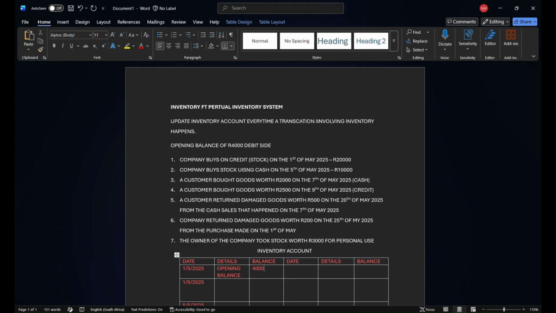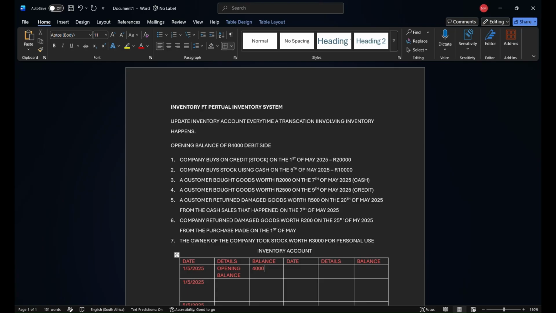Then transaction number one tells you that the company buys on credit on the first of May, 2025. The stock is worth 20,000 rand. The accounts that are going to be affected are accounts payable, because the debt is going up, and also inventory, because the inventory is going up.